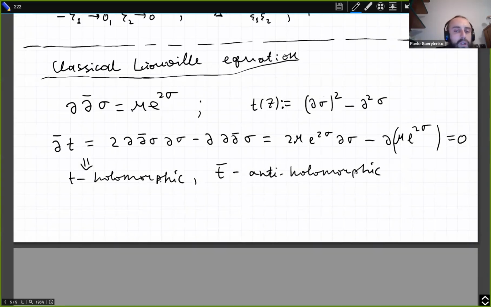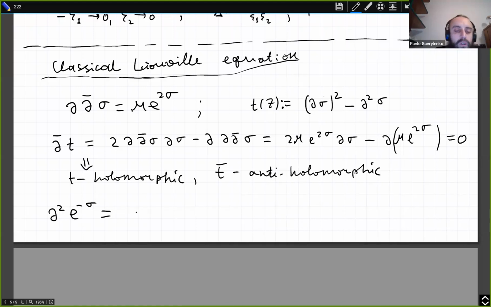But now we might ask, who is this t? How to relate it to sigma? If you want to solve this equation, we can first find some t, a holomorphic function, and then try to reconstruct sigma from it. To find who t is, let us notice the following. Let us consider t acting on e to the minus sigma.